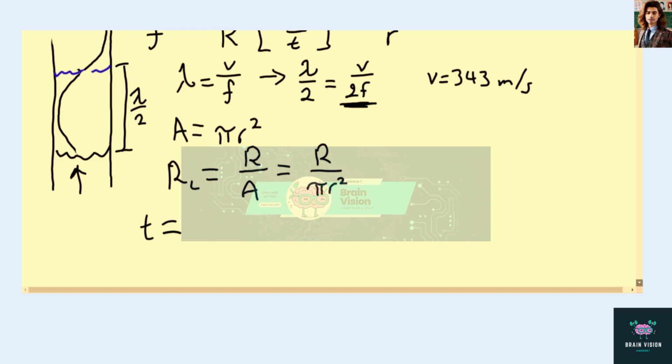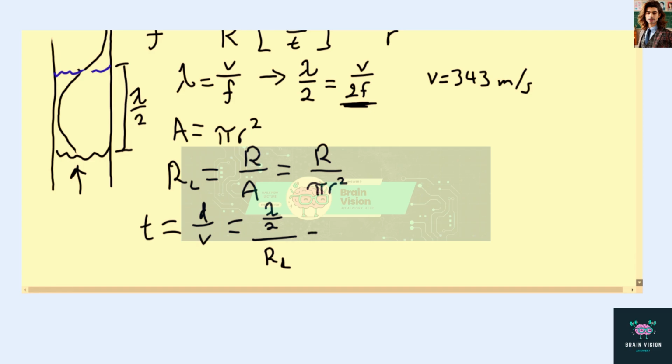And then our distance that we're traveling is lambda over 2. So we can use it similarly to calculate the time that it takes to travel this distance. So t is equal to d divided by v, but in this case, our distance is equal to lambda over 2, and our v is equal to R_L.